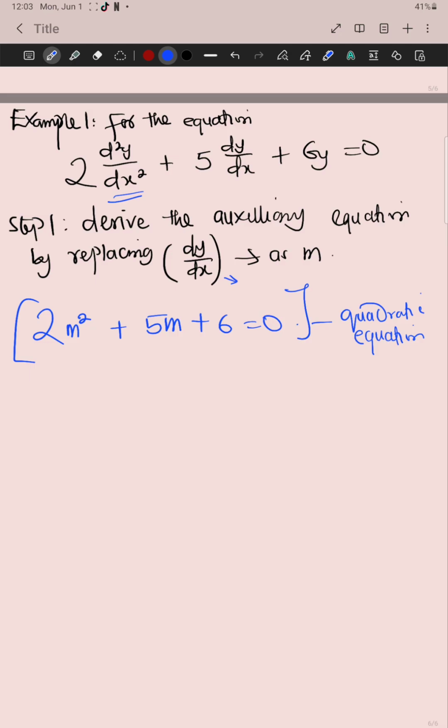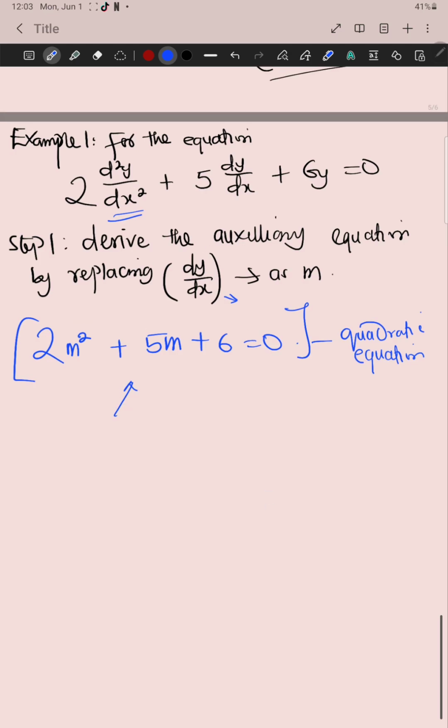So if you say a second order differential equation gives a quadratic equation, of course, we know that to solve a quadratic equation, you can use what we call the factorization method. Is that clear? So that is how it proceeds.